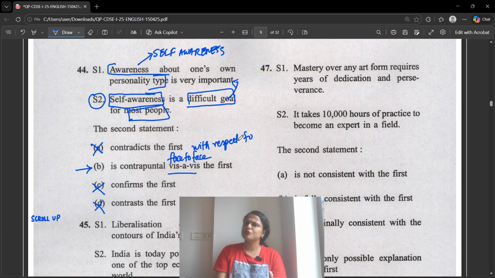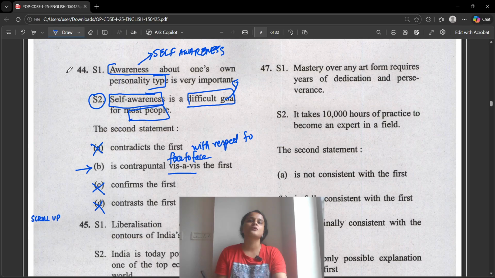So if that is the case, don't you think that is the answer? Because in 44, statement 1 says self-awareness is very important. Statement 2 says self-awareness is a very difficult goal, right? Both are true. Both the statements can exist together. One need not be wrong for the other to be right. You get it? So therefore it's not contradiction.